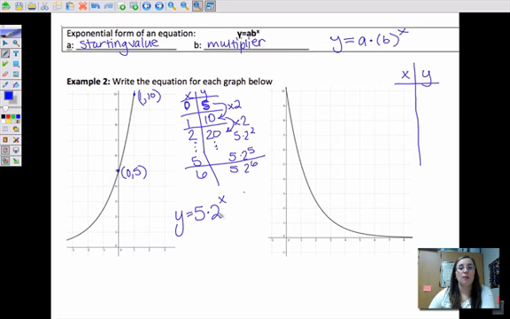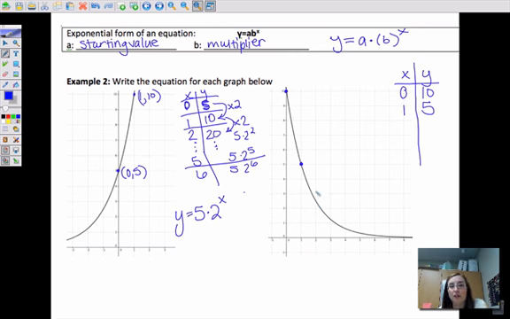Before, our multiplier was bigger than 1, which means it's getting bigger, just like our scale factor in quadratics. When we look at an equation where the line is decreasing in value, that means we're multiplying by a fractional part of a number. We're multiplying by something that's going to make our number smaller every time.